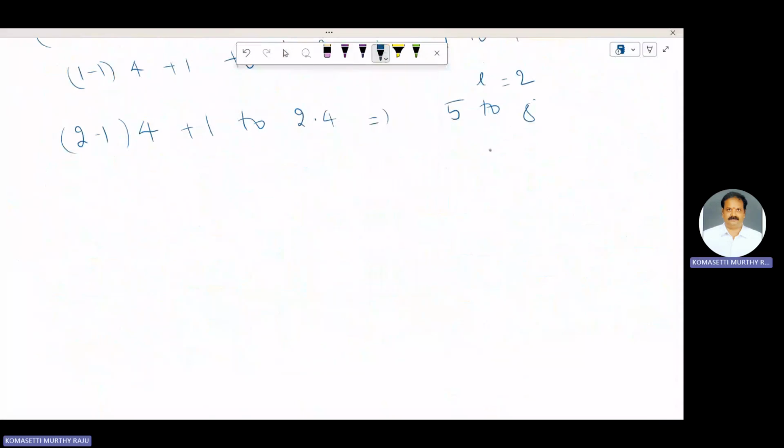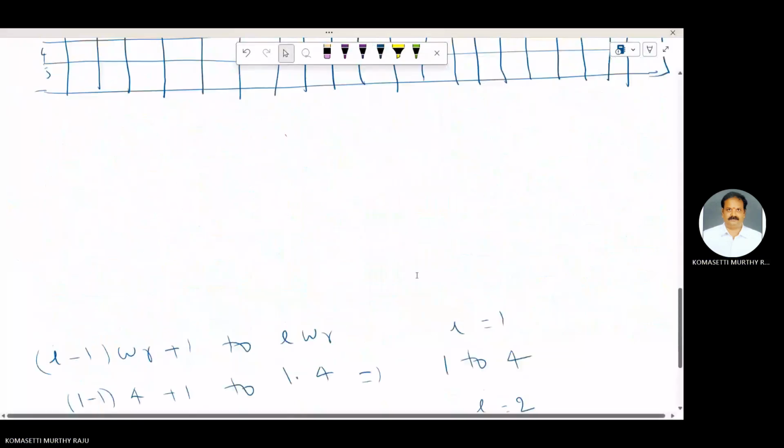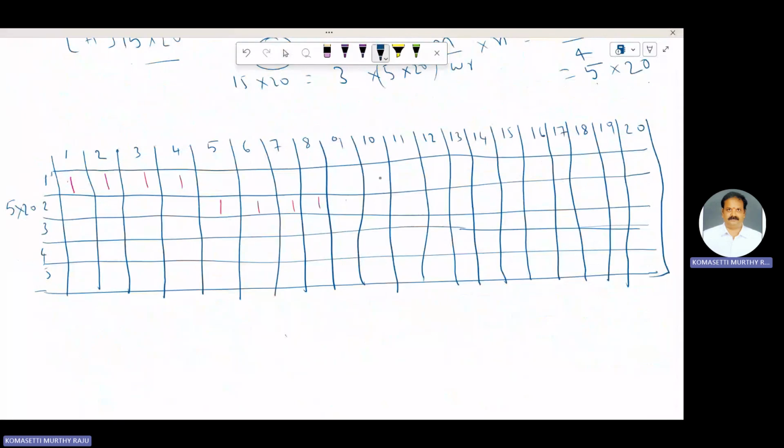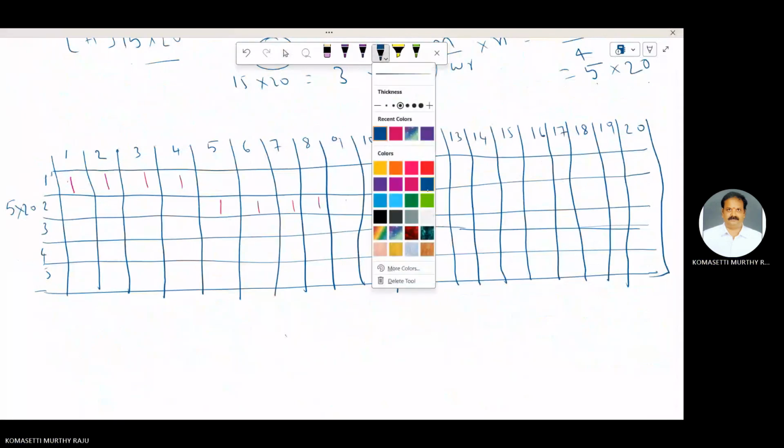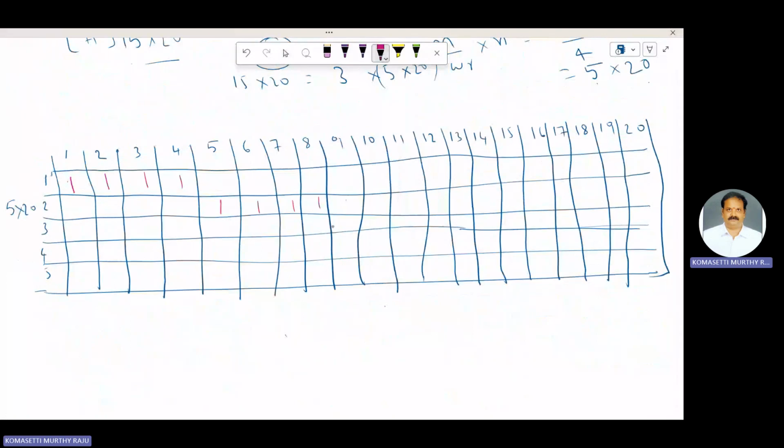For the third row, I is equal to 3: 3 minus 1 into 4 plus 1, to 3 into 4. 8 plus 1, 9 to 12. For the third row, the columns containing ones are 9, 10, 11, 12.